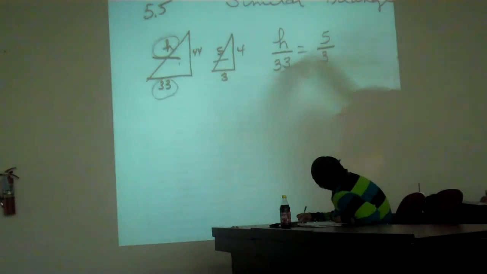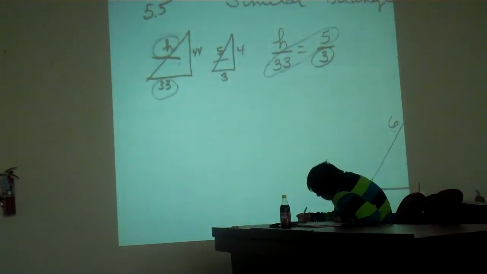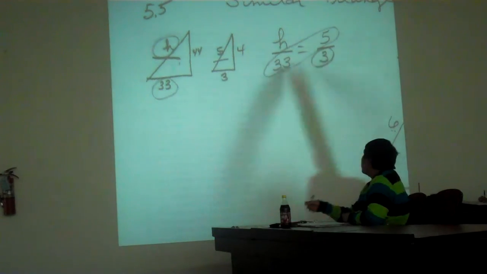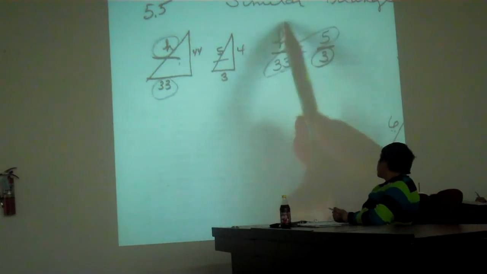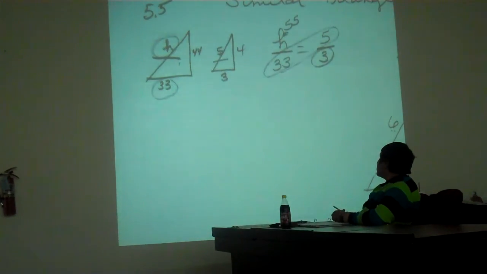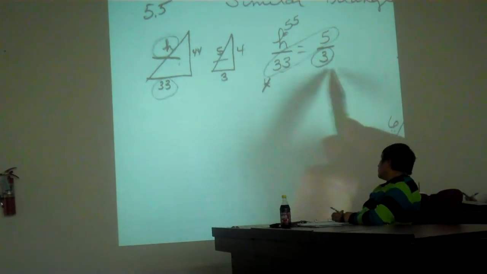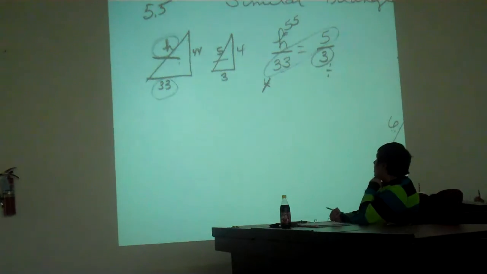So we're going to do 33 times 5 divided by 3. Or if you saw that it was multiplied by 11, you would have realized that one was going to be 55. But you could do 5 times 33 divided by 11, and you're still going to get your 55.